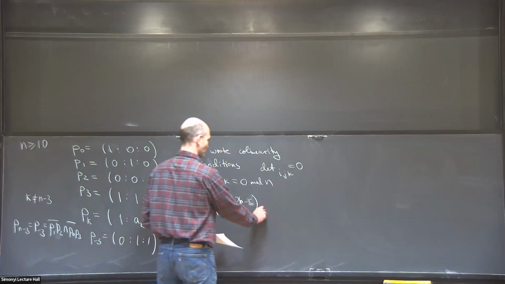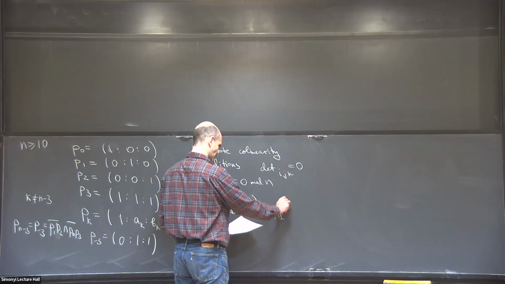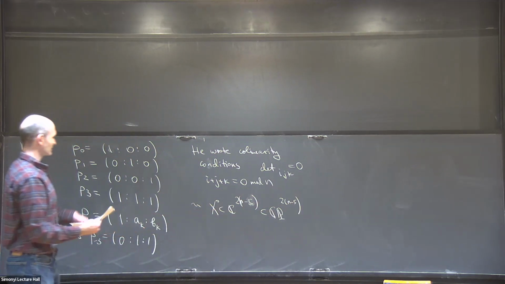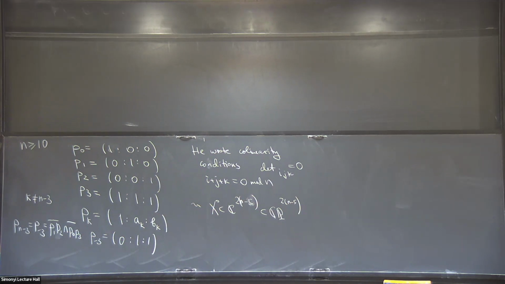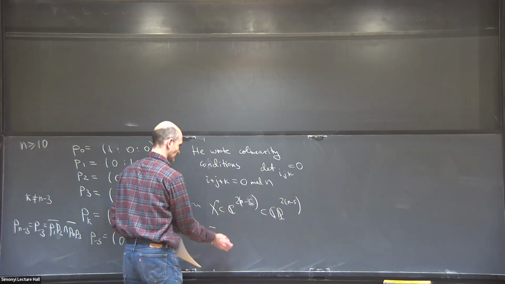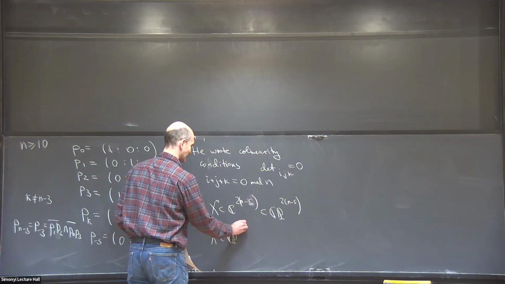And then you put it in CP of 2 times n minus 5. And then somehow some of these conditions are linear, so it actually goes down to a smaller projective space. And the compactification was somehow he was getting it inside here.